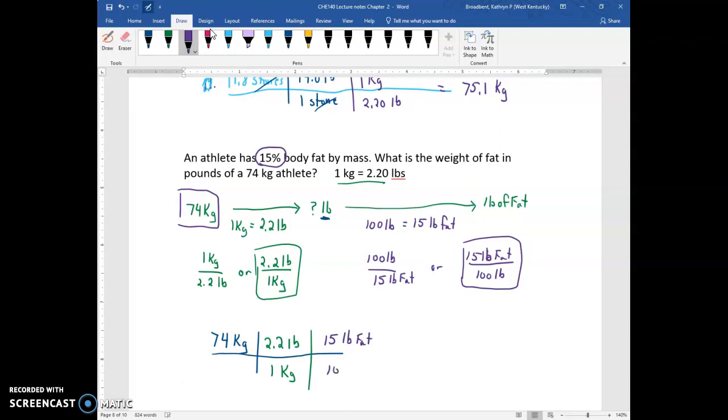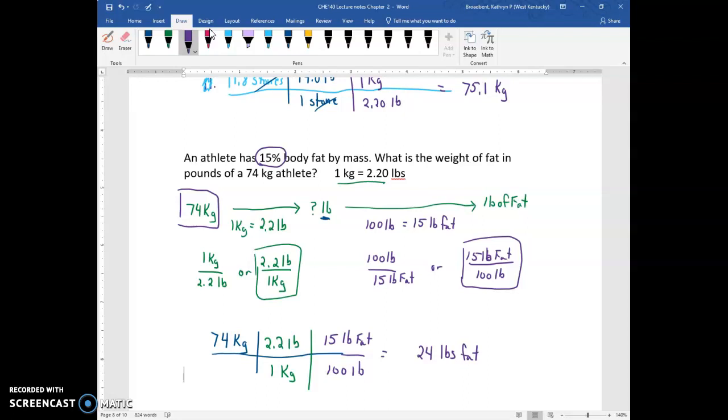And we need 100 pounds of athlete on the bottom. So we'll take 74, multiply by 2.2, multiply by 15, and divide by 100, and we will get 24 pounds of fat.